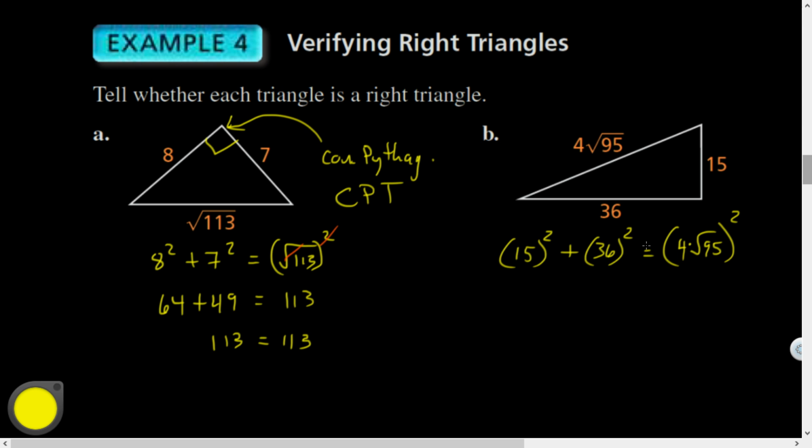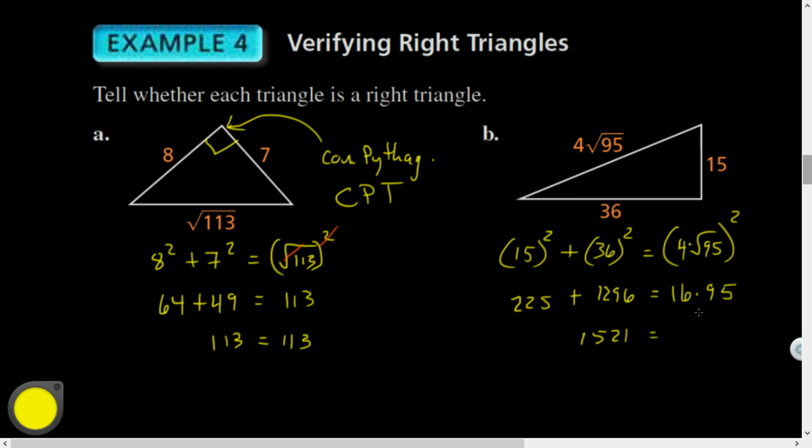So 15 squared is 225. 36 squared, I'm not familiar with that one. 1296, that feels vaguely familiar. 4 squared is 16 times 95. So I can cancel out the square root and square the 4 to get the 16. Add 1296 and 225, I get 1521.